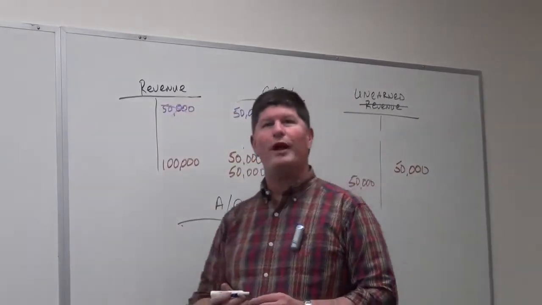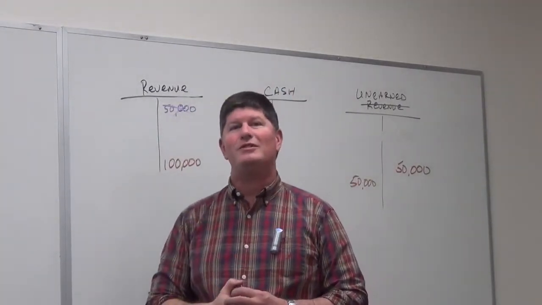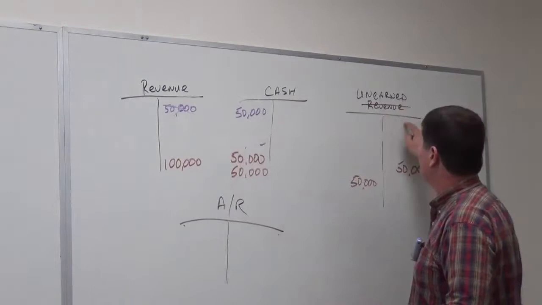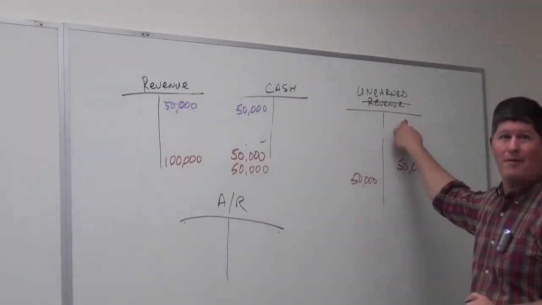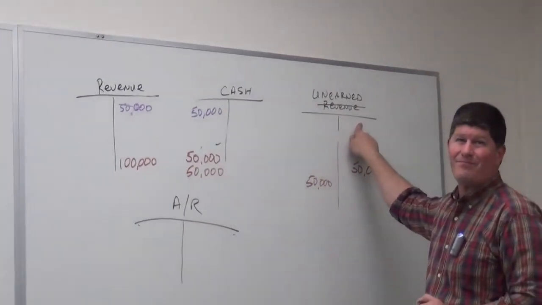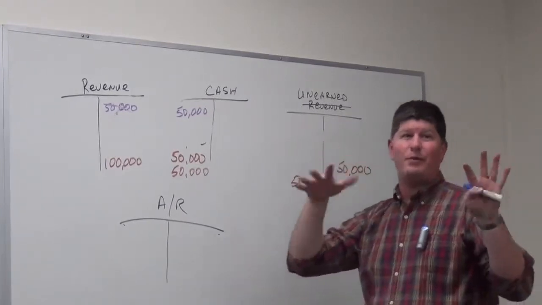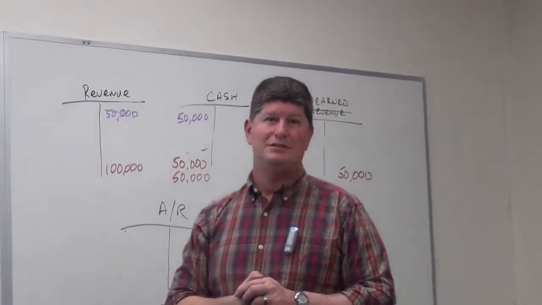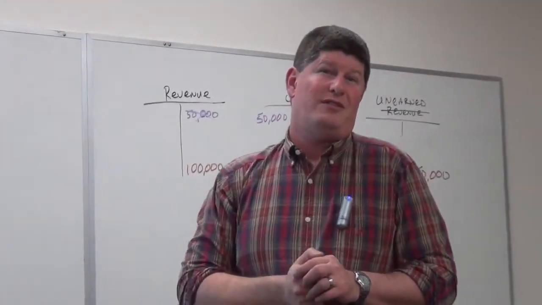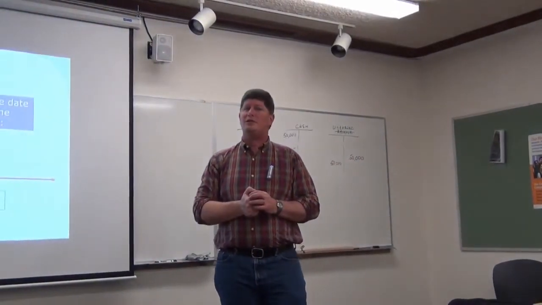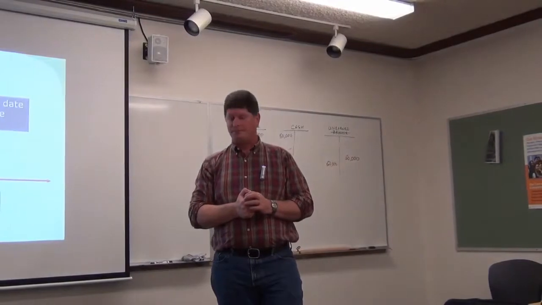That's a great question. It's a sticky question. I would still come over and try and record it as unearned revenue. You've kind of got a hybrid situation there. Fair enough? Does anybody use cash basis system? Yeah, a lot of small companies use cash basis.